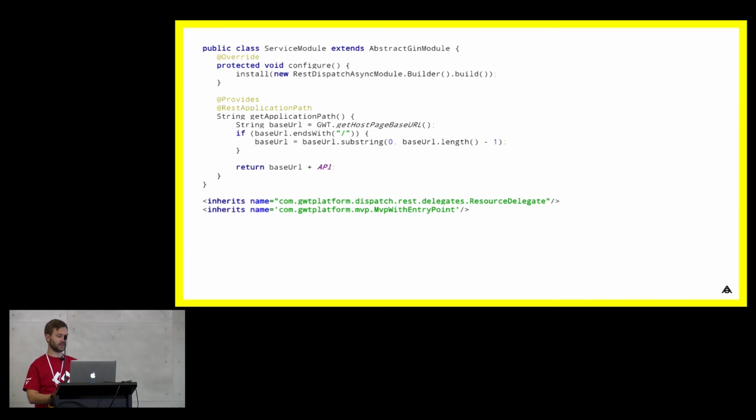And you don't need to write an entry point anymore while using the MVP entry point. So it removed almost all the hassle of setting up a new project in GWTP. I'm saying almost because there's still a lot of things that we can do to improve the way you write a presenter and view and make it even easier for the developer to get started.